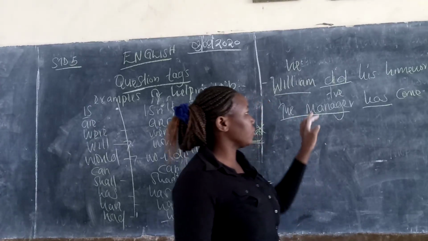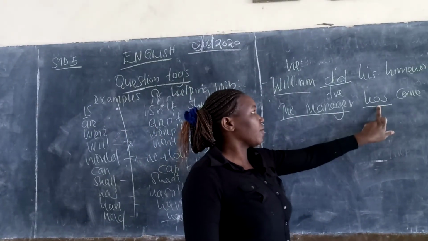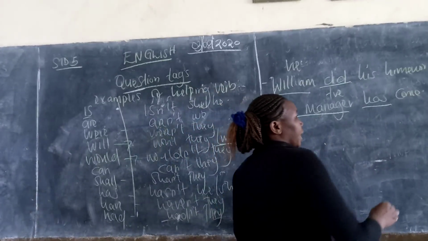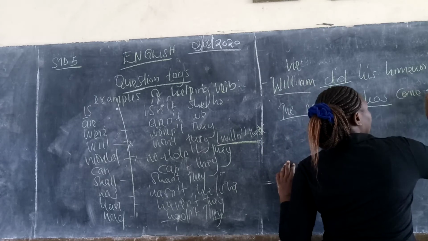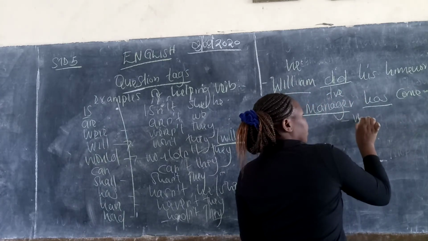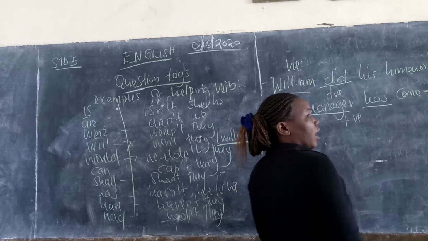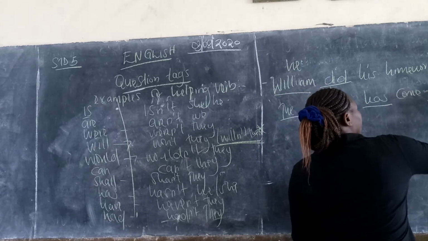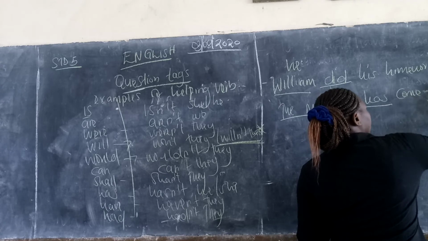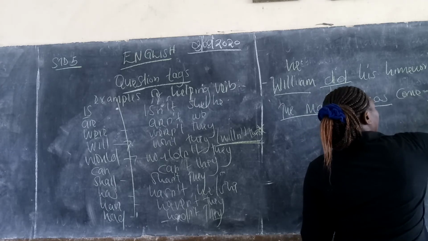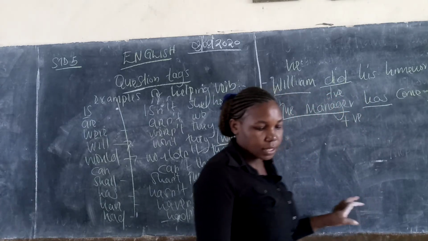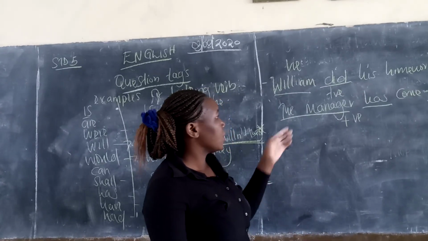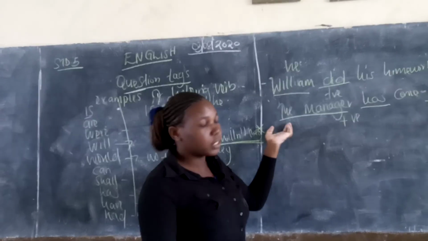This statement is positive, so we have to get a negative answer. So our answer is hasn't he? We put a question there. These are just examples.